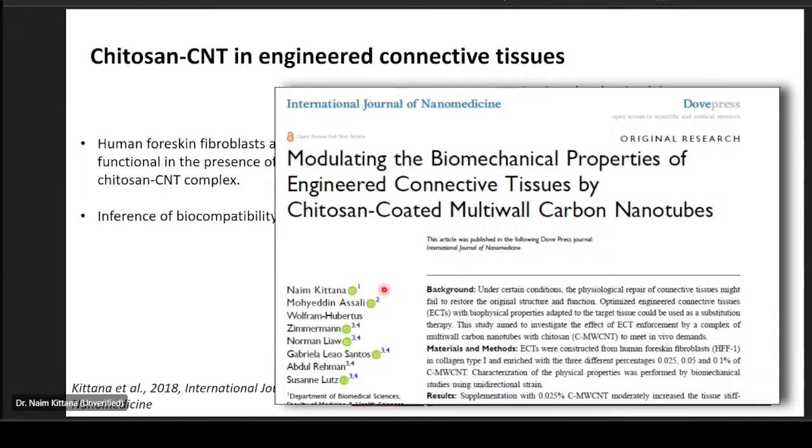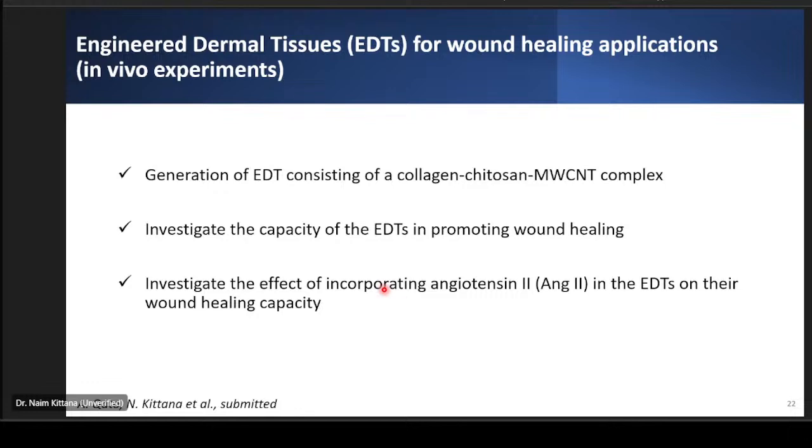Now, to go further, to check whether these tissues can improve the healing of wounds, we went in vivo, and here we wanted to investigate the healing properties of these tissues.